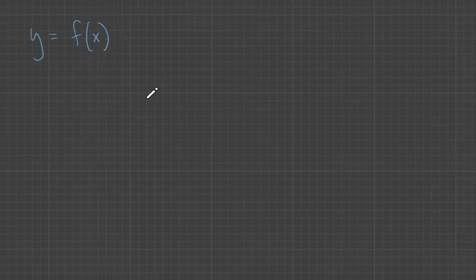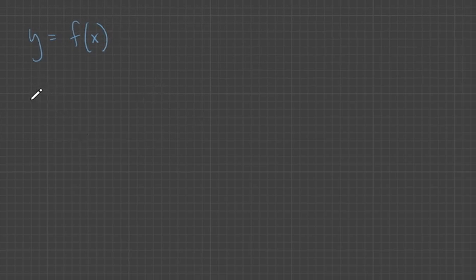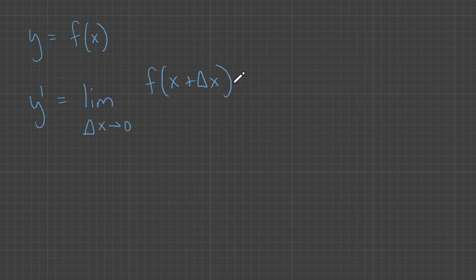You have y is equal to some function of x, and we will say that the derivative of that function is equal to taking the limit as delta x goes to 0 of the function at the point x plus delta x, and we are going to subtract the function at x, and all of that over delta x.